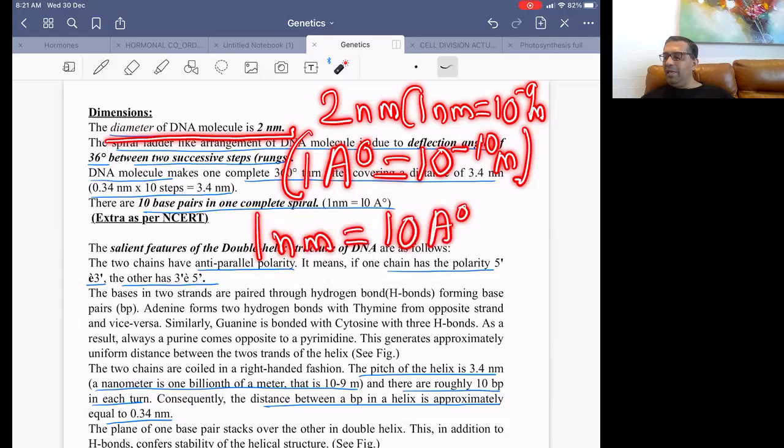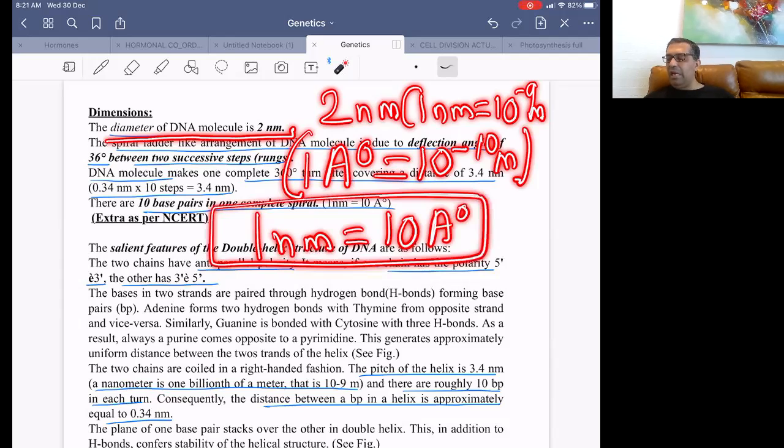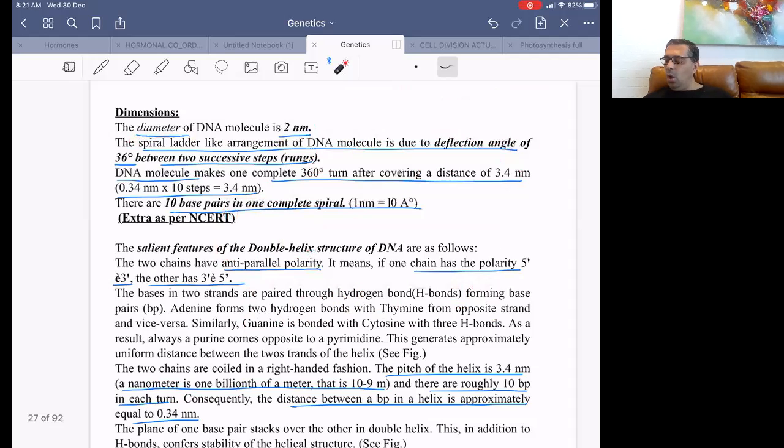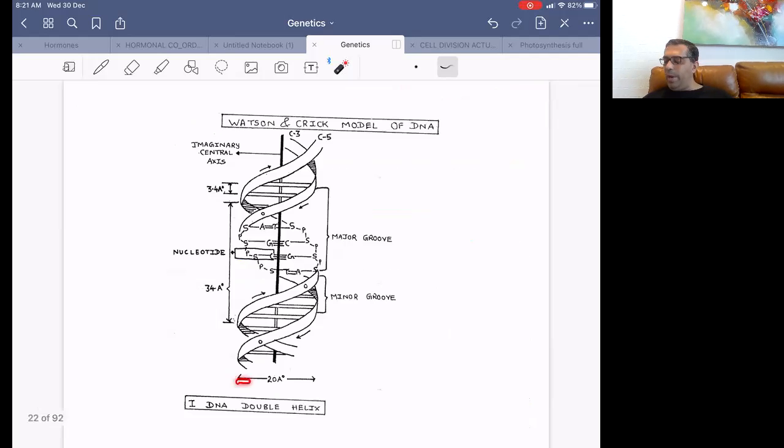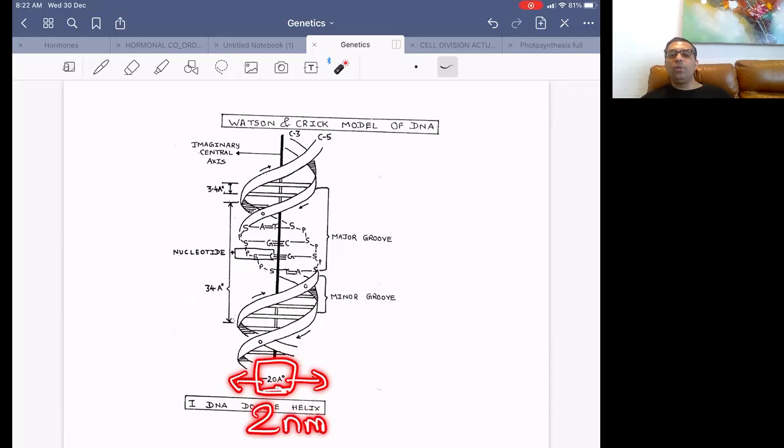Remember this too. So how much is the diameter of DNA? 2 nanometers, in other words, 20 angstrom units.